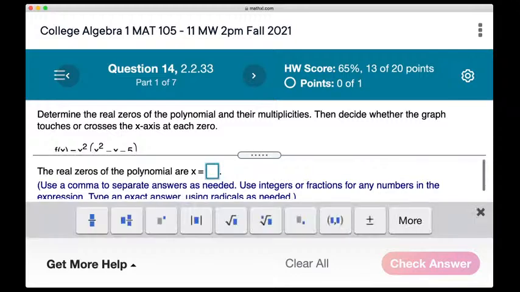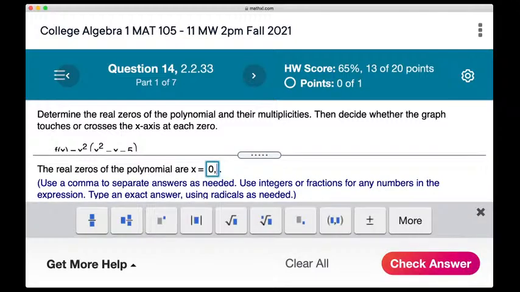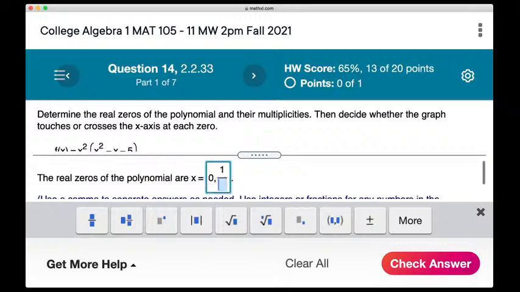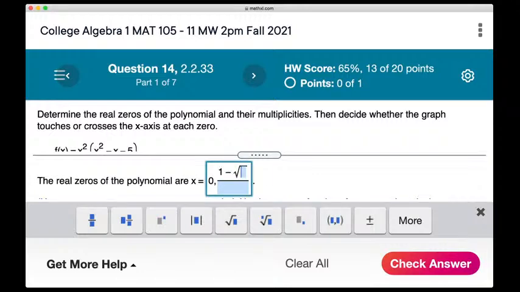Then the next part, we got 1 minus the square root of 21 over 2. And then we got 1 plus the square root of 21 over 2. Okay, those are the 3 zeros that I get.